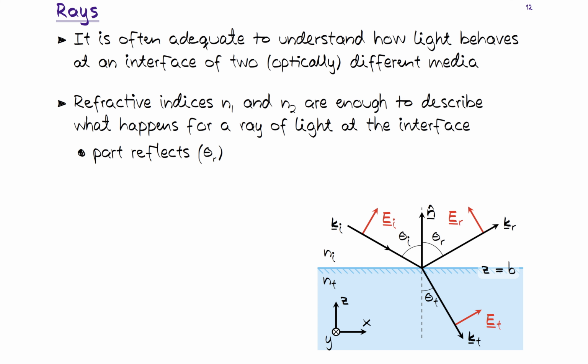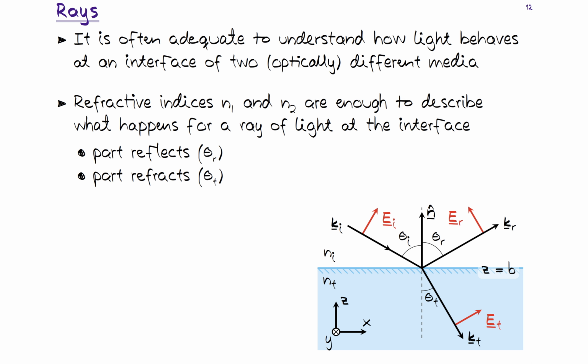Part of the ray of light reflects into an angle theta R, the reflection angle, and this of course is equal to the incident angle.